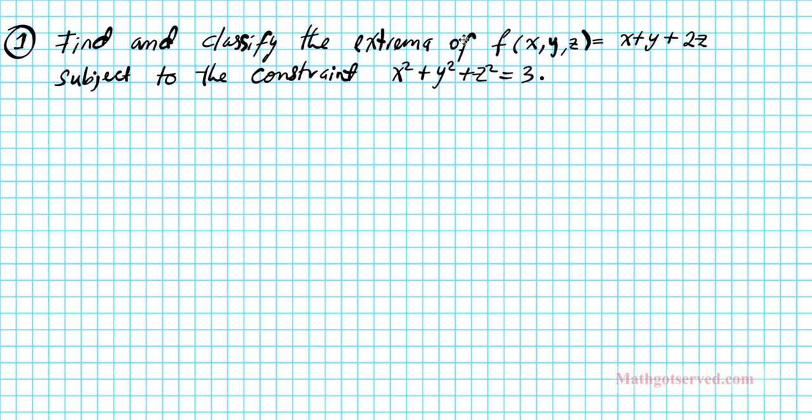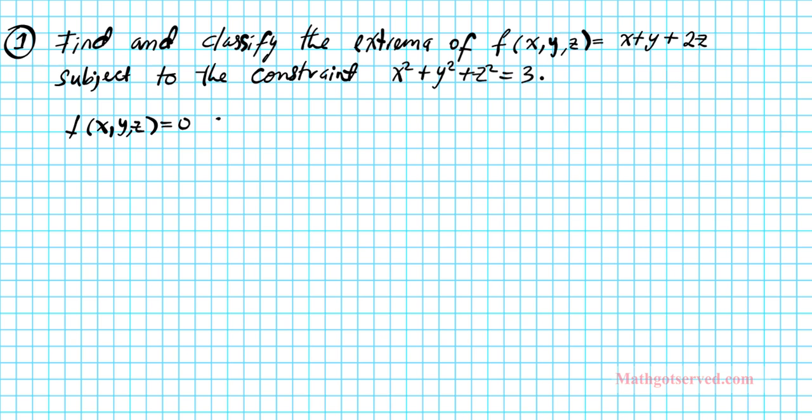So step 1, we have to identify f in our g equals k constraint equation. We can see that this f right here is our objective function, and this is g equals k. Now what we're going to do is set them equal to 0. So f of x, y, z equals 0.